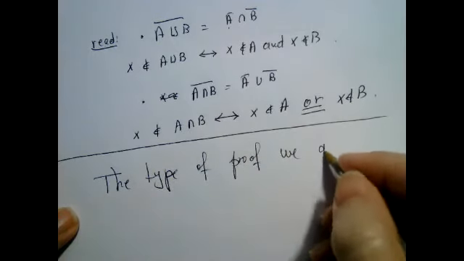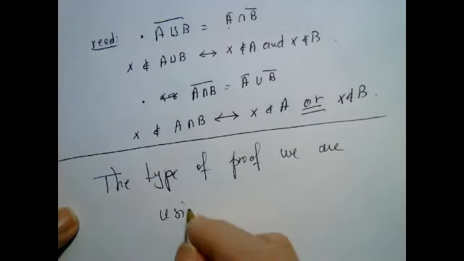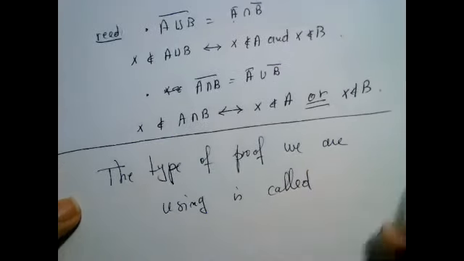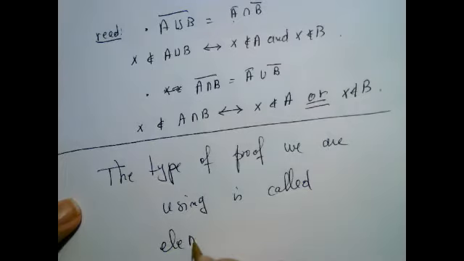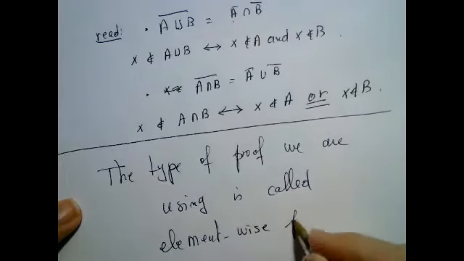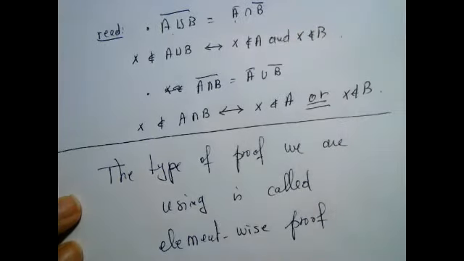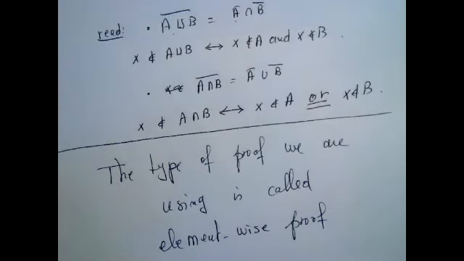It's called element-wise proof. It means we're doing it element by element. We take an element in the first set and we show that it is in the other one. And we take an element here and we show that it is in here.